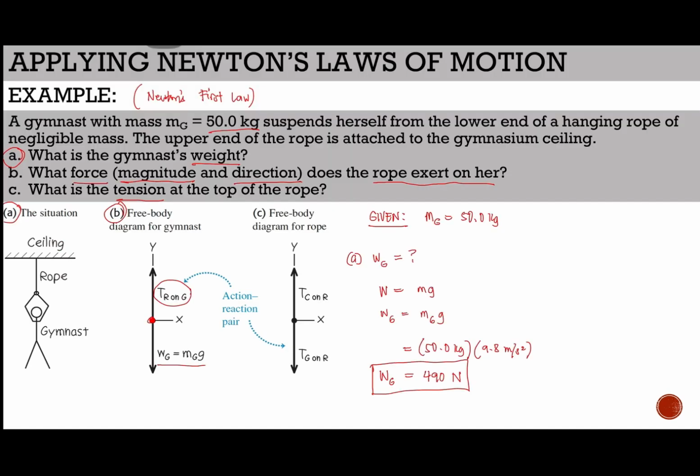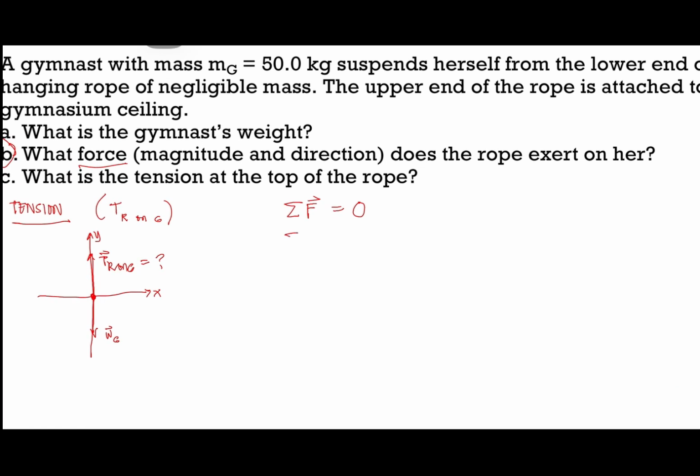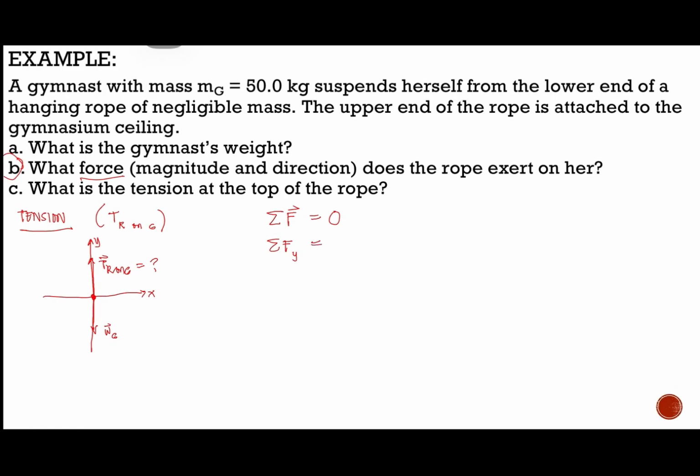Looking at the free body diagram for the gymnast as well as for the rope, the forces are only acting along the y-axis. So we will be using the sum of all forces along y is equal to 0. Now, let's look at the forces acting along the y-axis.